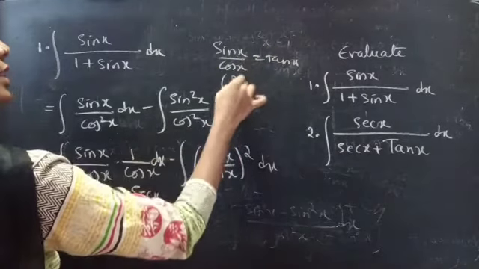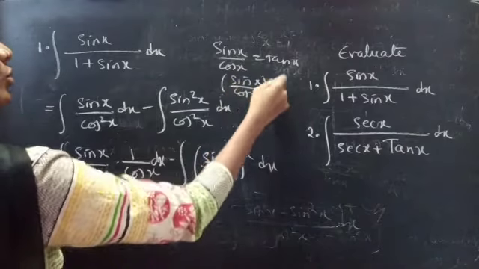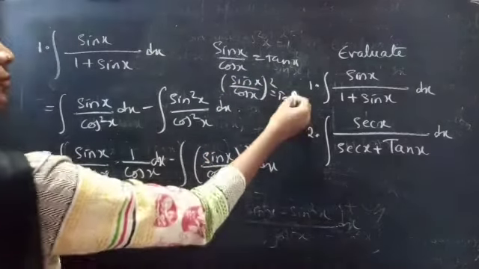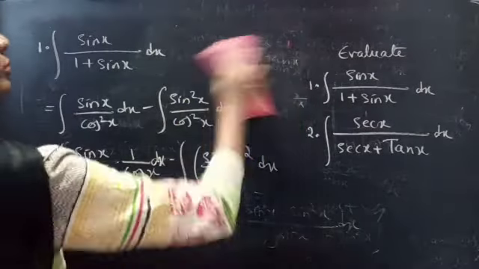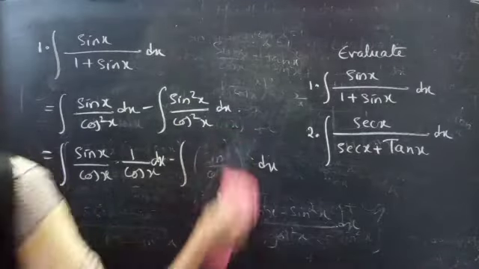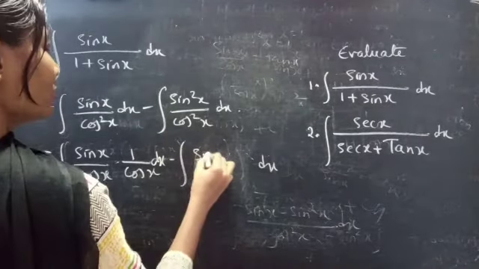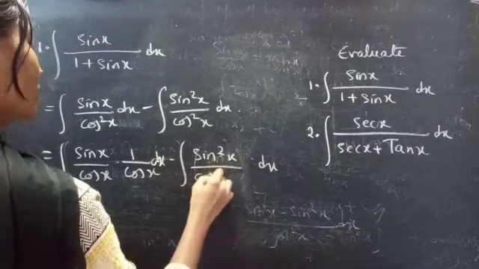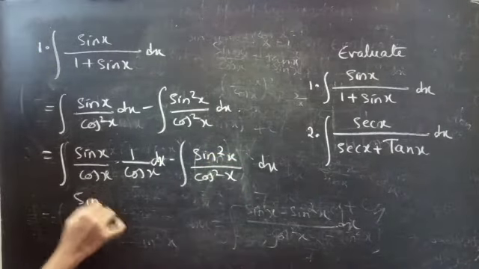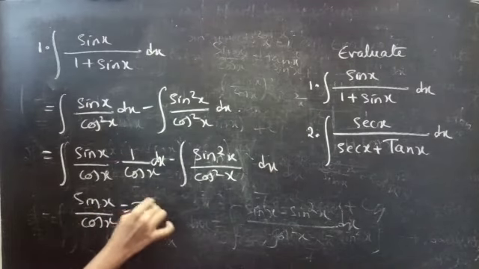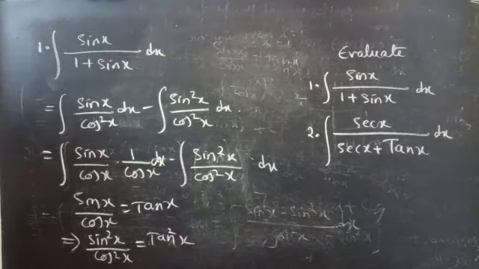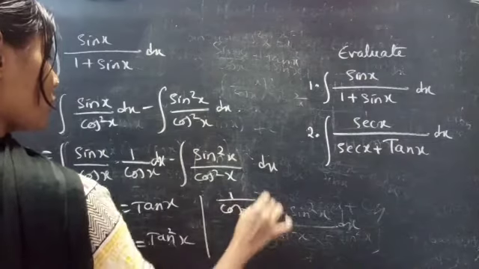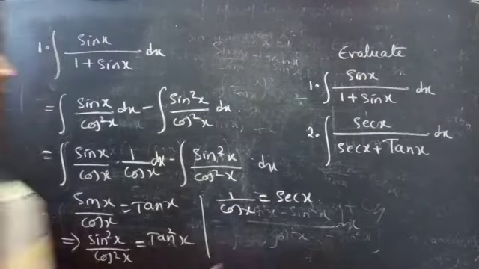If you square on both sides, you'll get sin x by cos x whole square equals tan square x, that is, sin square x by cos square x equals tan square x, and the reciprocal of cos x equals secant x.